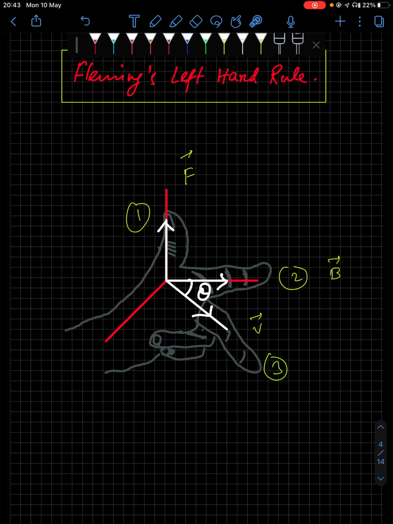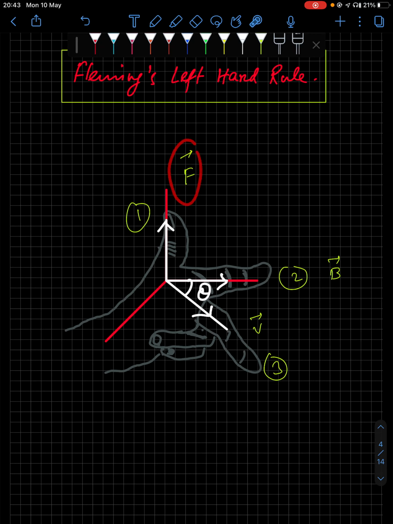This velocity vector is for the moving positive charge, the V vector. In such a case, the thumb will show you the direction of the magnetic force acting on the charged particle.